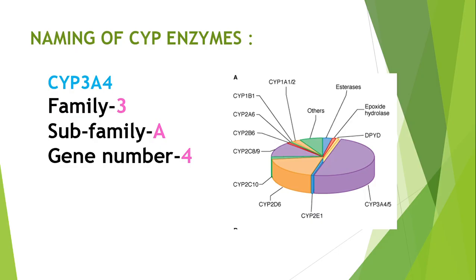These are some cytochromes present in the body: CYP3A4/5, CYP2U1, CYP2D6, CYP2C10, CYP2C8/9, CYP2B6, CYP2A6, CYP1B1, CYP1A1/2, and DPYD, epoxide hydrolase, esterases, others.